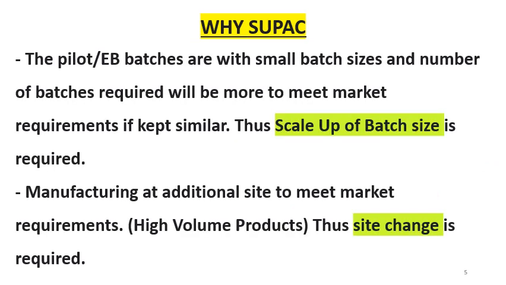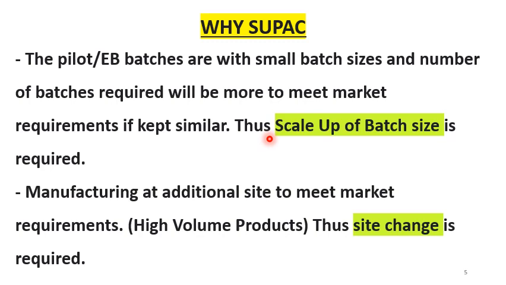Then why are SUPAC guidelines there and why are scale up and post approval changes done? See, because the pilot batches or EB batches are with small batch sizes, and the number of batches required will be more to meet the market requirements if the batch size is kept similar. Thus, the batch size is increased and the product is formulated for the commercial supplies.